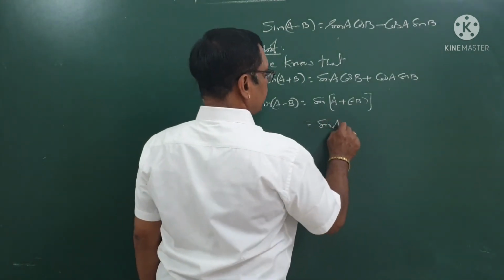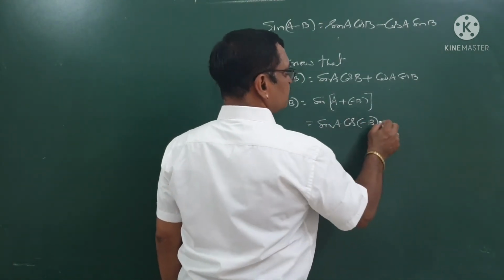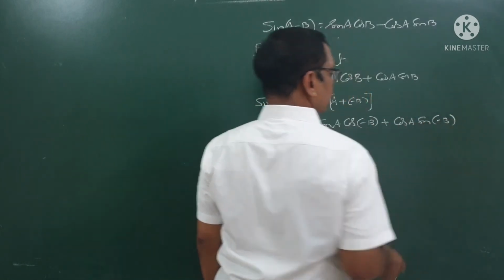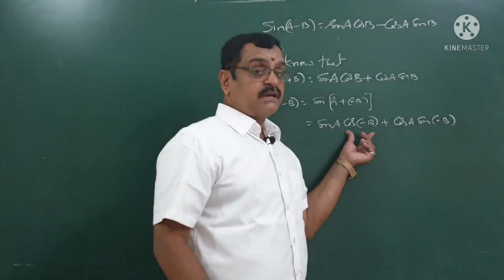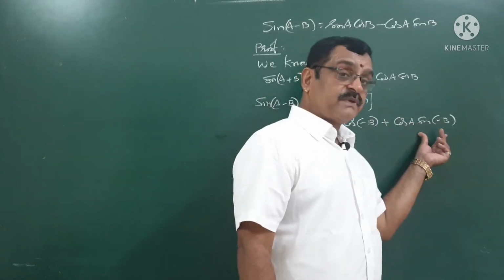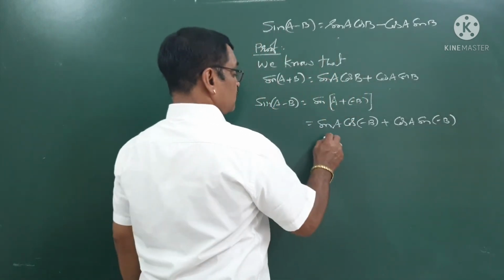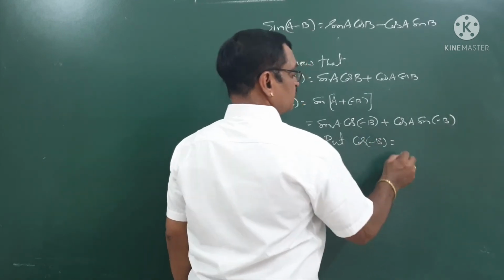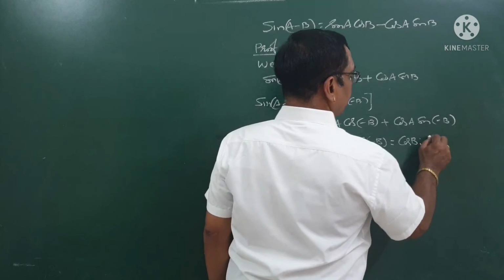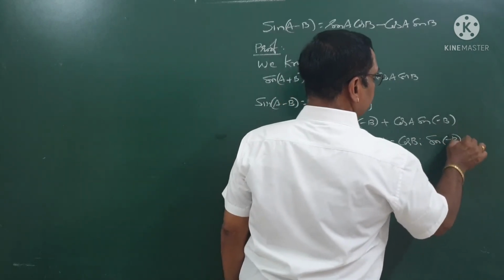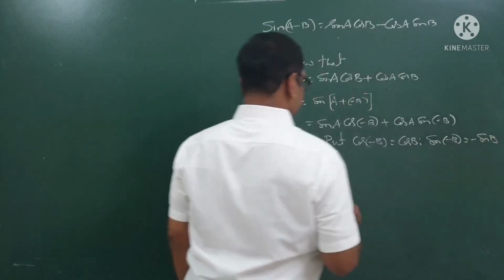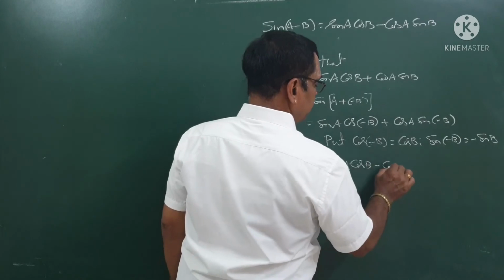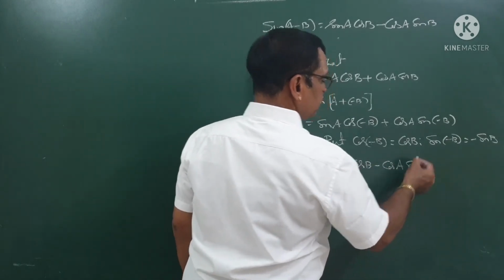This can be written as sin A cos of minus B plus cos A sin of minus B. And you know very well, cos of minus B is equal to plus cos B, and sin of minus B is equal to minus sin B. Hence my formula will become sin A cos B minus cos A sin B.